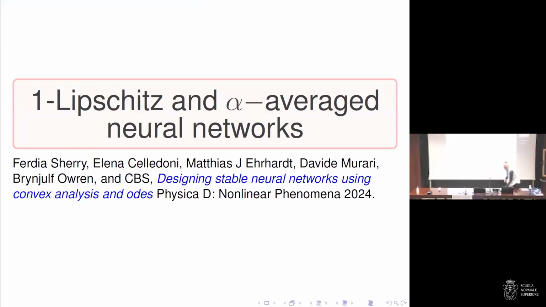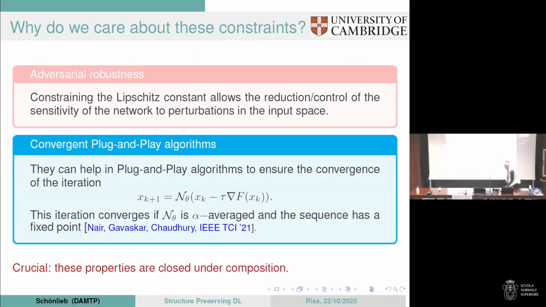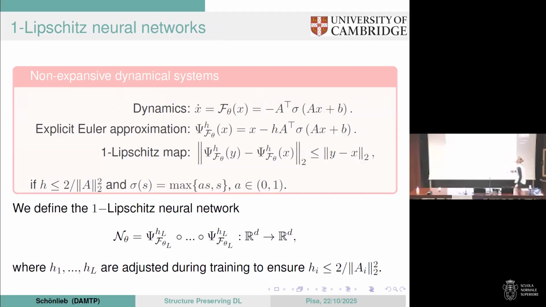Now, we have thought about this for one Lipschitz and alpha averaging. One Lipschitz, I've already said, so I'll skip that; it was just the motivation. The one Lipschitz neural network is a discrete version of non-expansive dynamical systems, those where f theta is one Lipschitz.